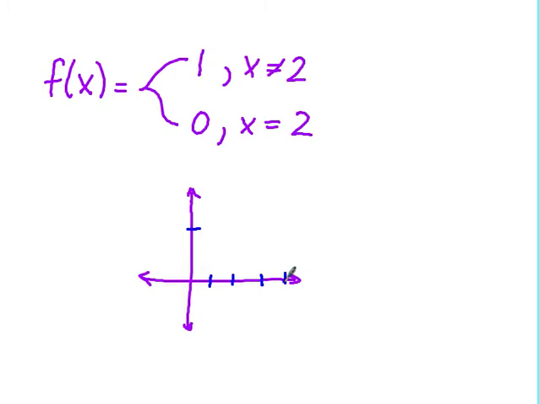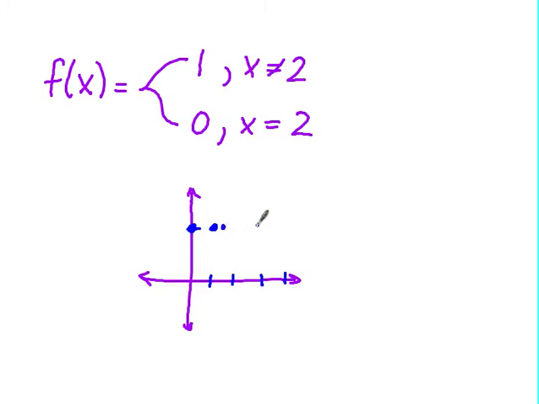What it tells you is that when x is everything but 2, it equals 1. So at x equals 0, what do you get? 1. At x equals 1? 1. At x equals 1.5? 1. So you get 1 everywhere up until 2.